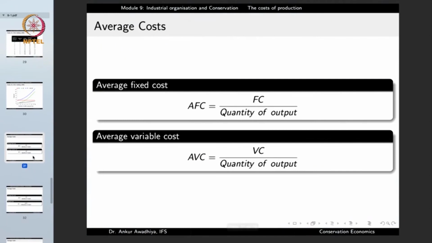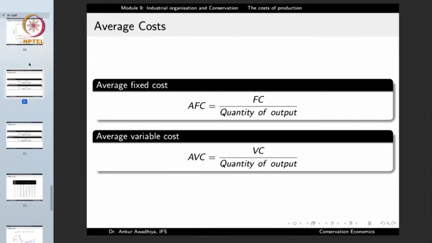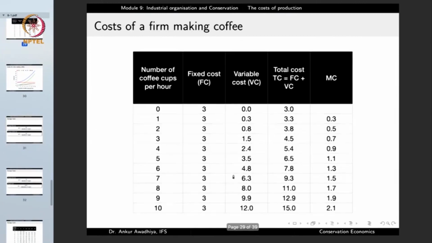Now, we can also look at the average cost. So we have the average fixed cost, which is the fixed cost divided by the quantity of output. In this case, the fixed cost is this. When the quantity of output increases, we can find out the average fixed cost.